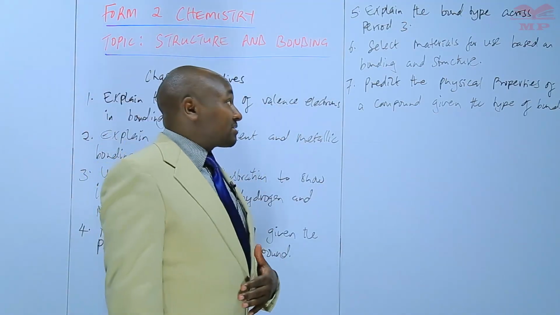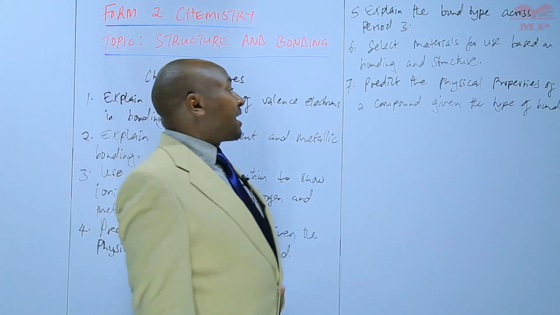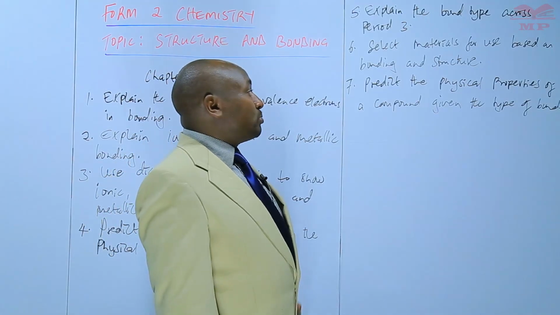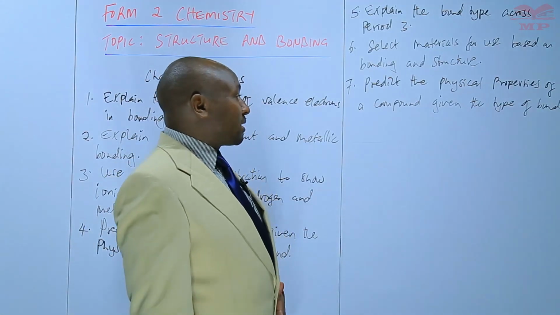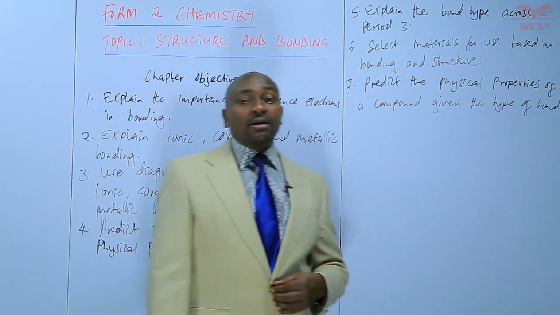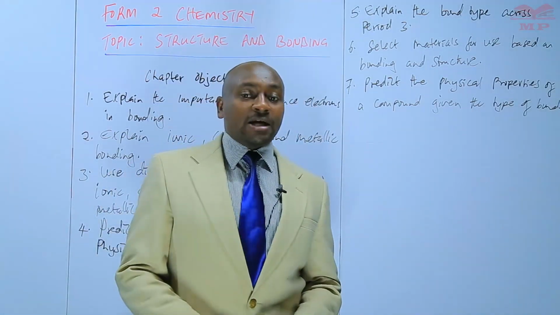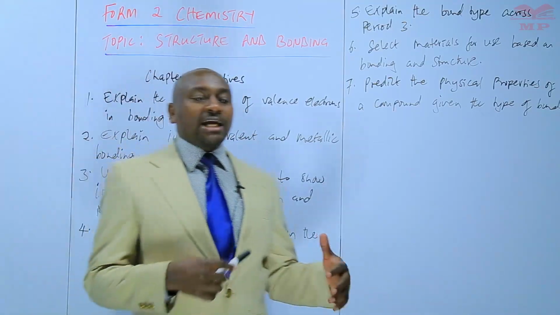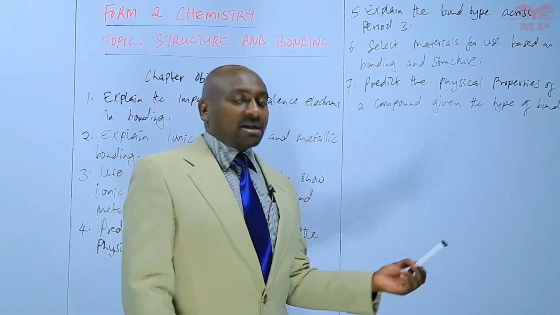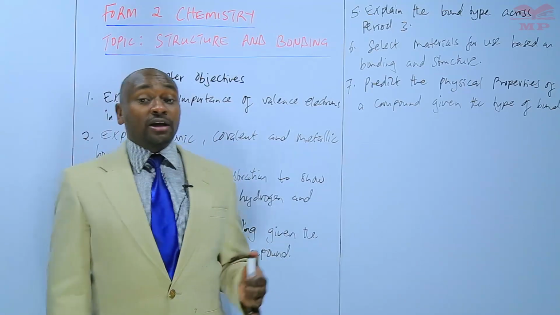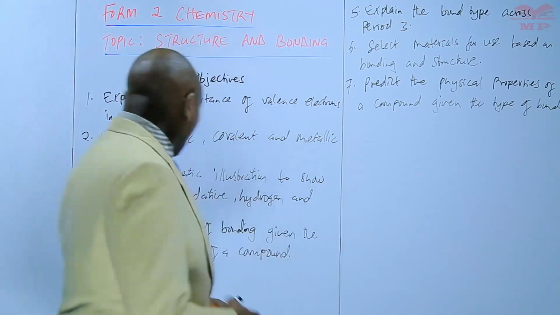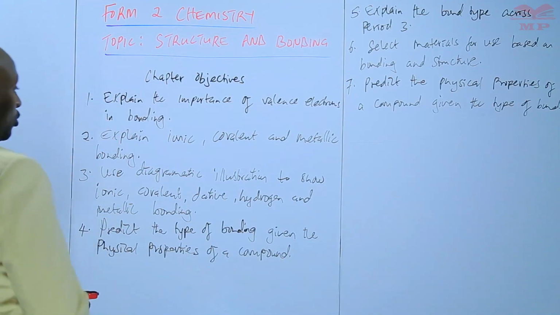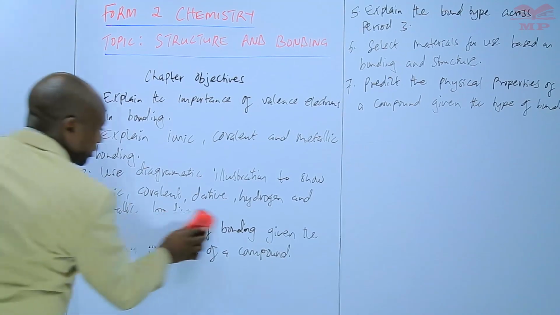And then lastly, to be able to predict the physical properties of a compound given the bonding type. If we know, for example, a particular compound has covalent bonding, what kind of physical properties do we expect in that kind of compound? So that is as far as the objectives are concerned.